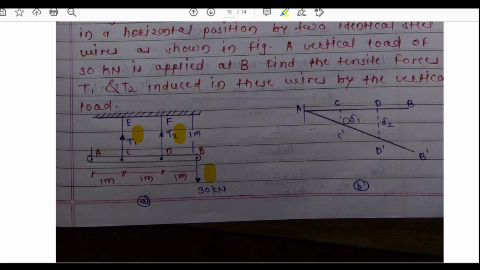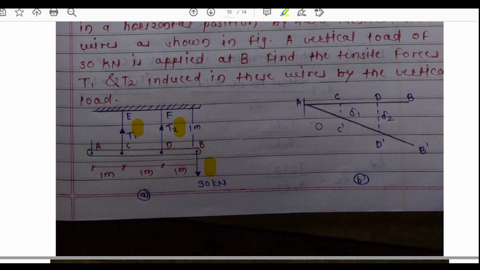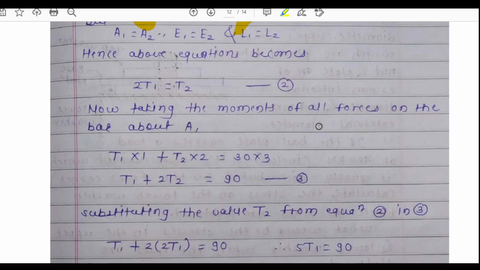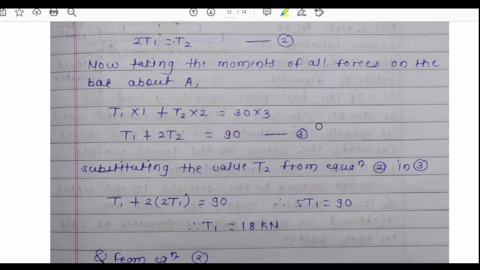So T1 into perpendicular distance is 1, here 1 is given. T2 into perpendicular distance 1 plus 1, that is 2, and 30 kilonewtons into perpendicular distance 1 plus 1 plus 1, that is 3. So T1 into 1, T2 into 2 and 30 into 3 are the perpendicular distances. So T1 plus 2T2 equals 90 gives you the equation of all the moments.